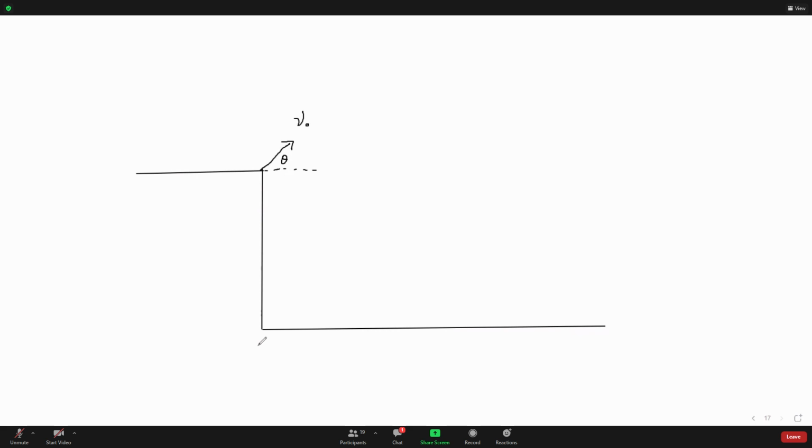And we'll call this x equals 0, and we'll call this x equals r, the range. All right, so let's determine what the range is. There's more than one way to approach this problem. Let's do it this way.